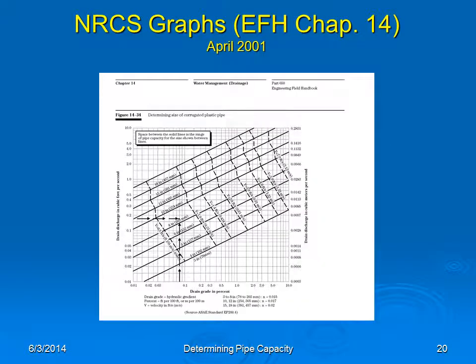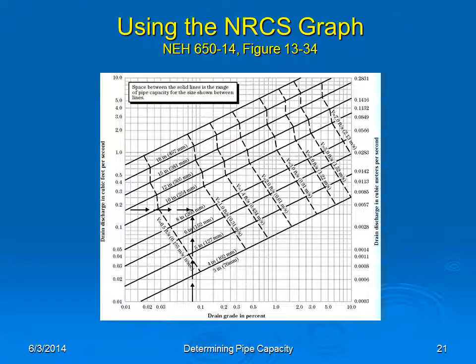In Chapter 14 of the Engineering Field Handbook, there are graphical solutions. You may have seen these. And the way these work is that we can read our drain discharge in cubic feet per second over here, and our design grade in percent here to see what size pipe we need.